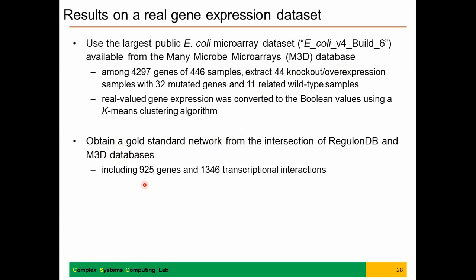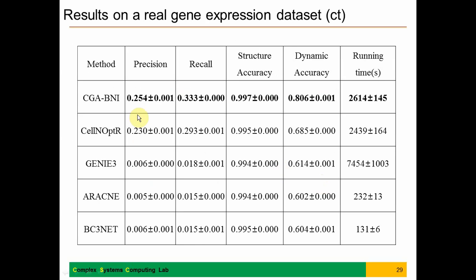It includes about 900 genes and about 1,300 gene interactions. In the result here, our method shows a high value on precision, recall, structure accuracy, and also dynamic accuracy. The running time did show more cost, but it's only less than 1 hour for a large-scale network, so our method can be applied in a real application.